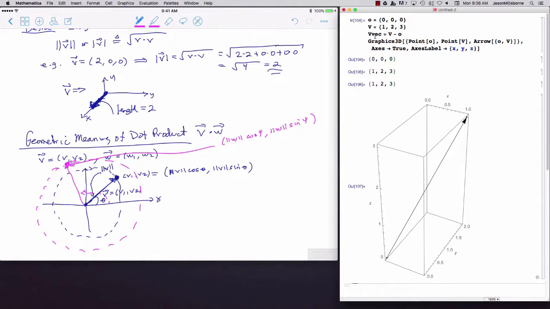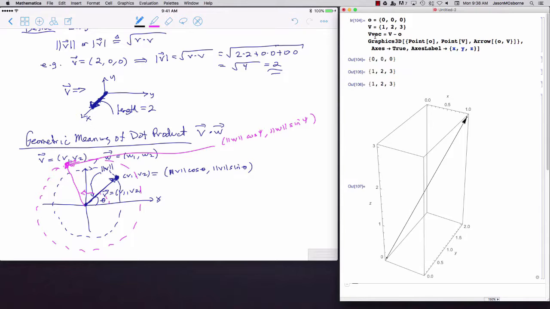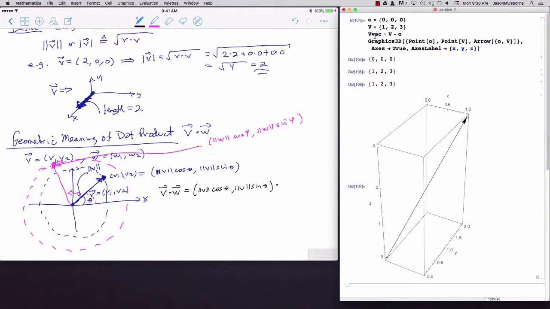Okay, and now we can go ahead and compute the dot product of these two vectors, v dotted with w. It is going to be the magnitude of v cosine of theta, magnitude of v sine of theta, dotted with magnitude of w cosine of psi, magnitude of w sine of psi.